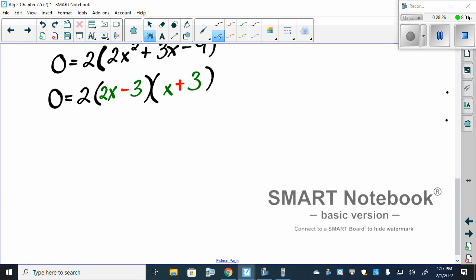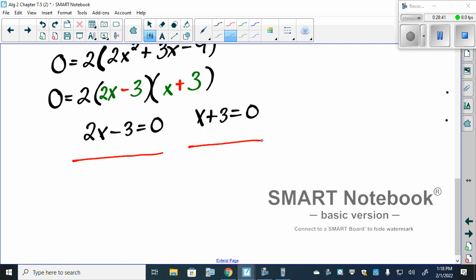Well, the last thing we need to do is set both of these equal to 0. So we have 2x minus 3 is equal to 0. And x plus 3 is equal to 0. Now we just need to solve for the value of x in both cases. For the first one over here, our 2x minus 3 is equal to 0.